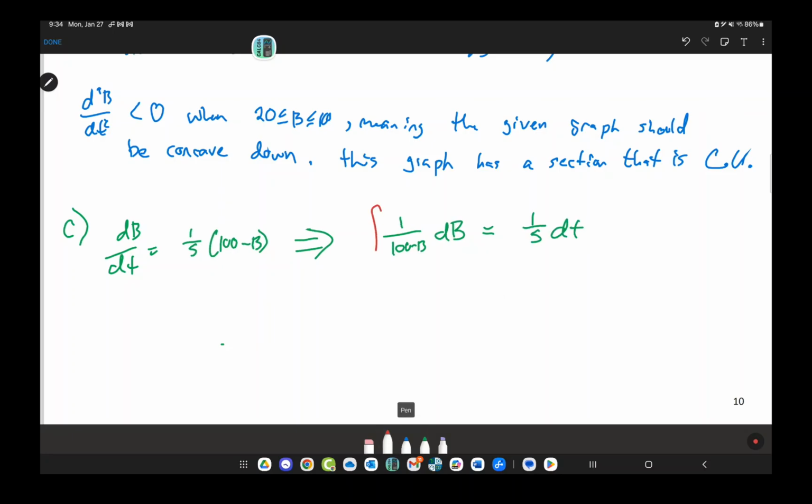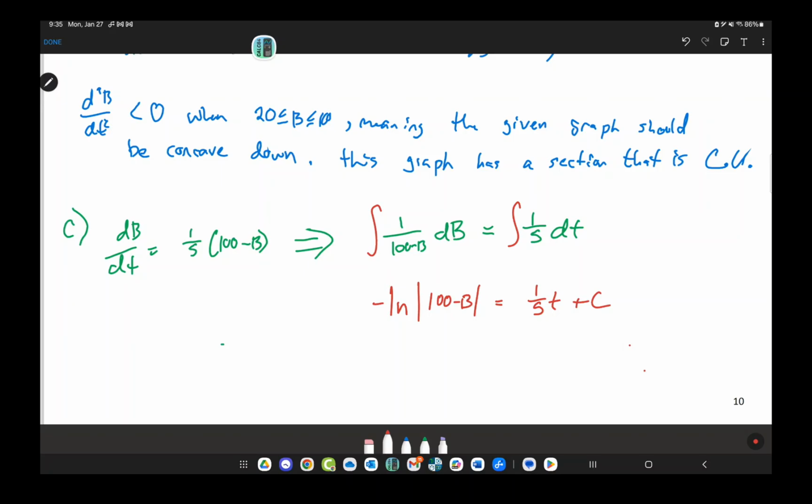So when we do the integration, we are going to get the negative natural log of 100 minus b equals 1/5 t plus c.